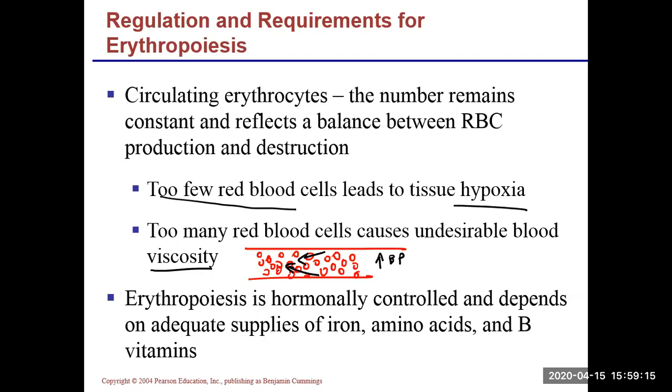That's problematic because the tissues won't do very well when they don't have oxygen. Remember, every tissue in your body requires oxygen. You have muscles that need oxygen in order to contract. People with hypoxia are always sleepy. They always want to rest. They get exhausted if they get up and do a little bit of exercise.